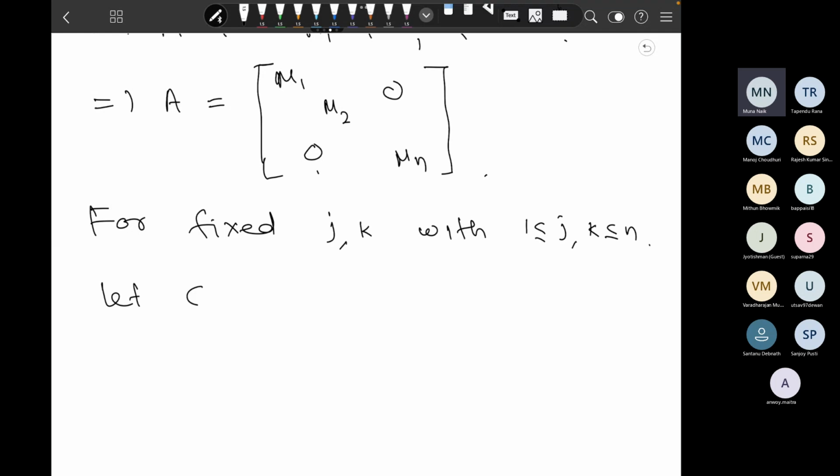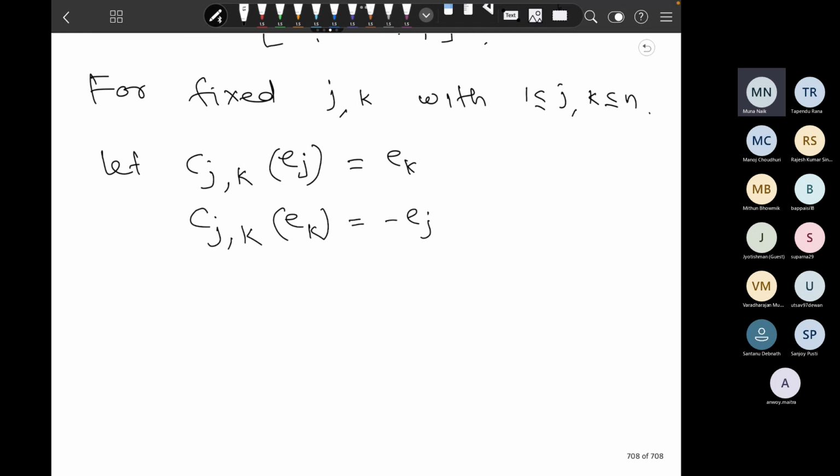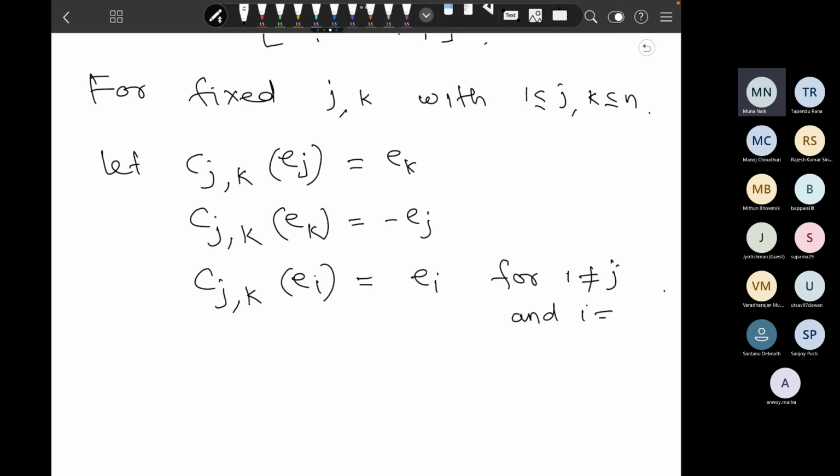Let Cj,k be the matrix such that Cj,k Ej is Ek, and Cj,k Ek is really minus Ej, and Cj,k Ei is equal to Ei for 1 ≤ i ≤ n, for i not equal to j and i not equal to k.